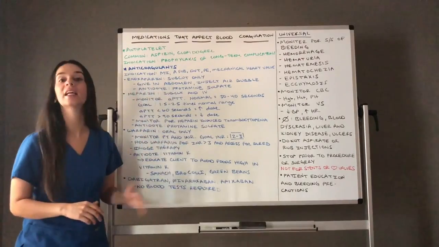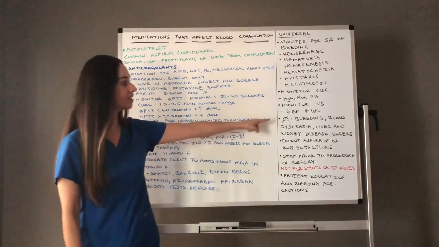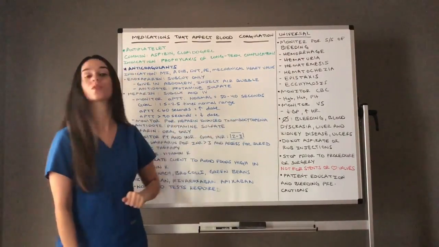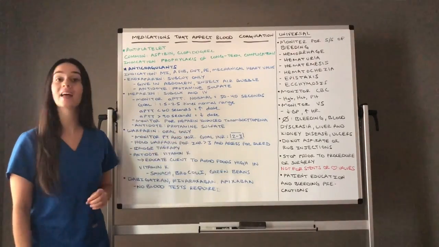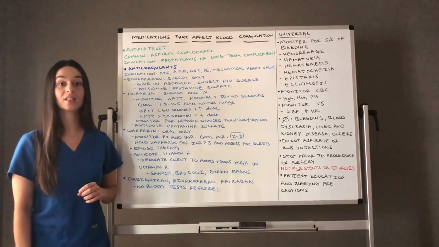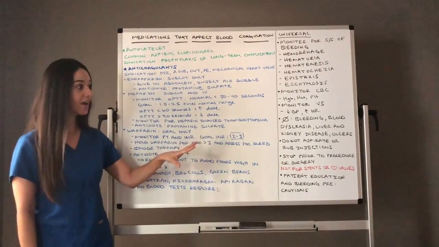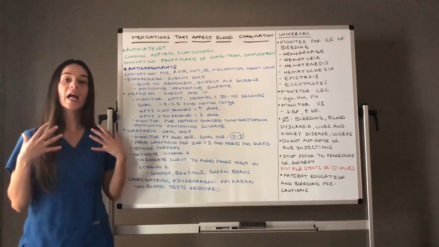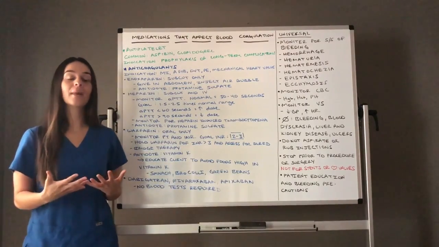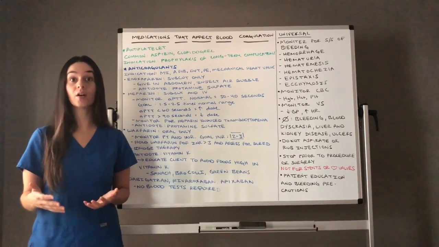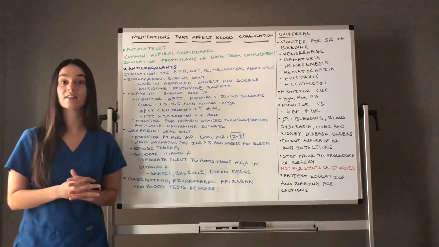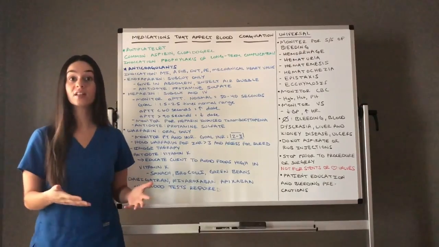Contraindications to giving any of these drug classes. So you see my little circle with a slash through it. I want you to think of that as contraindications. If a client is actively bleeding, we should not be giving these medications to them. If they have any blood dyscrasia or any reasons why they might have difficulty with components in their blood already. For instance, there's certain cancers that target the blood.